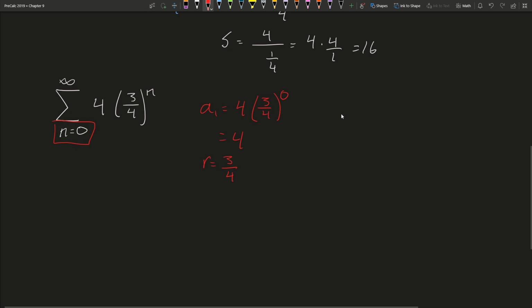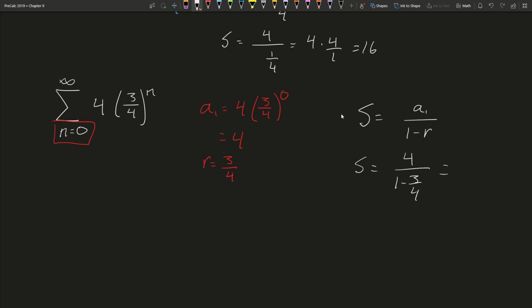Then if we use our rule, we actually get the same thing. I'm curious to see if this is right. It is.